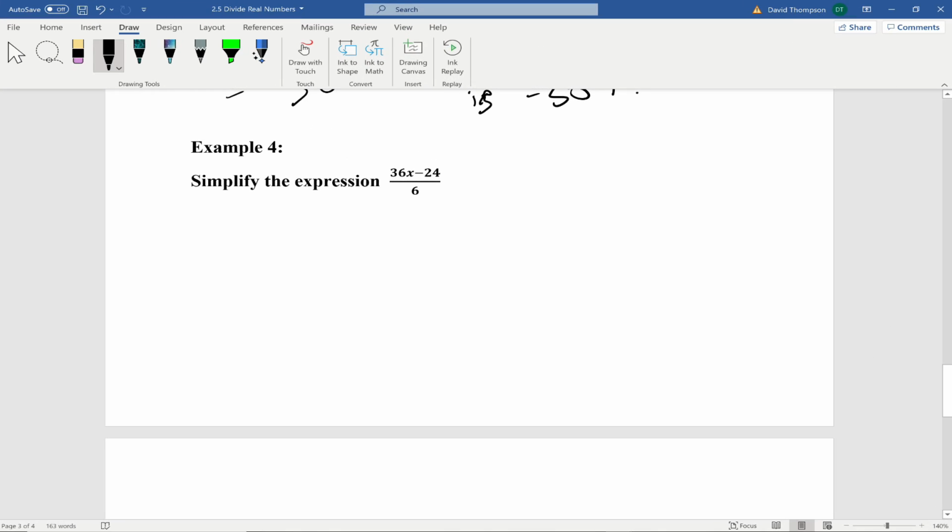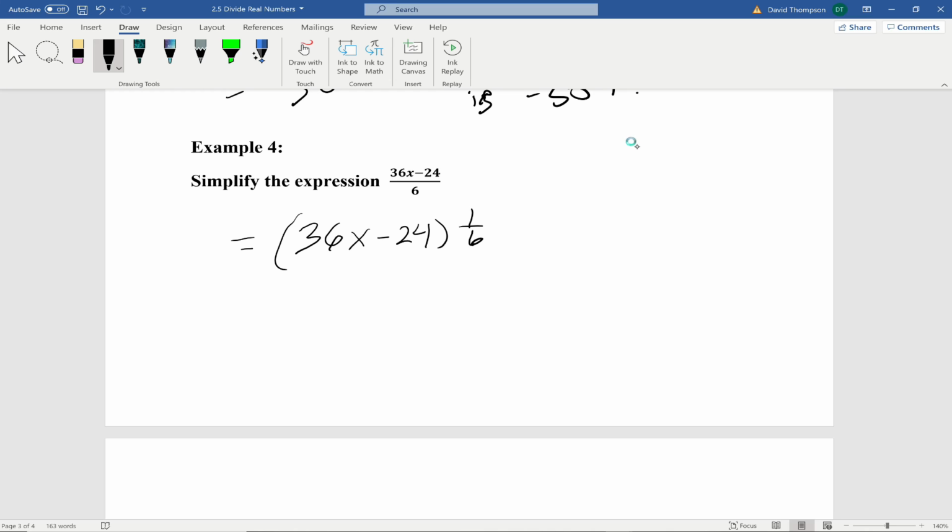And example 4 says simplify the expression 36x minus 24 all over 6. So we can rewrite this as 36x minus 24 times 1/6.